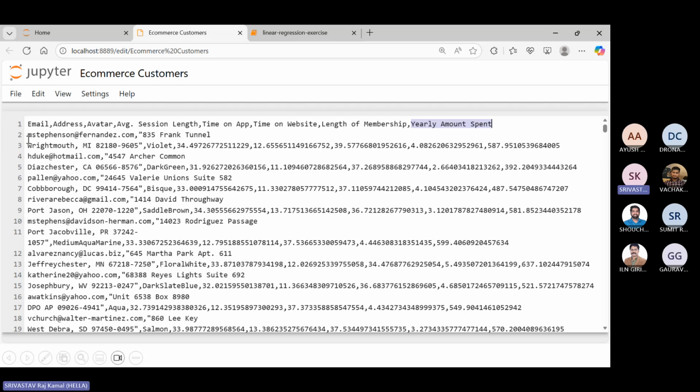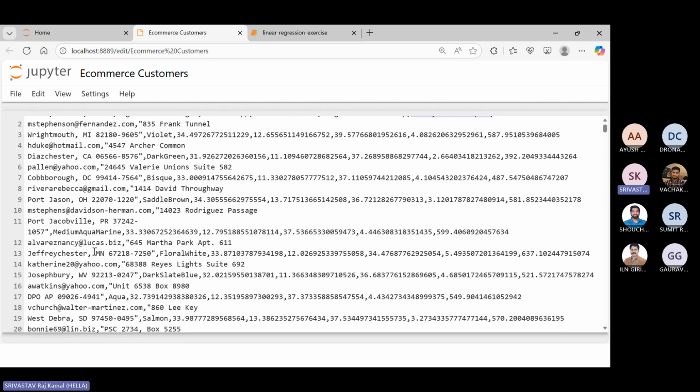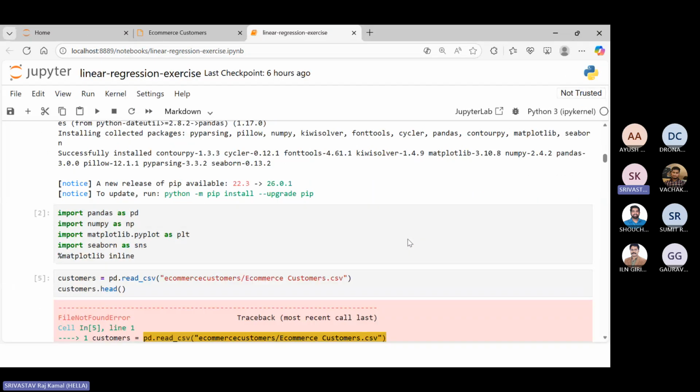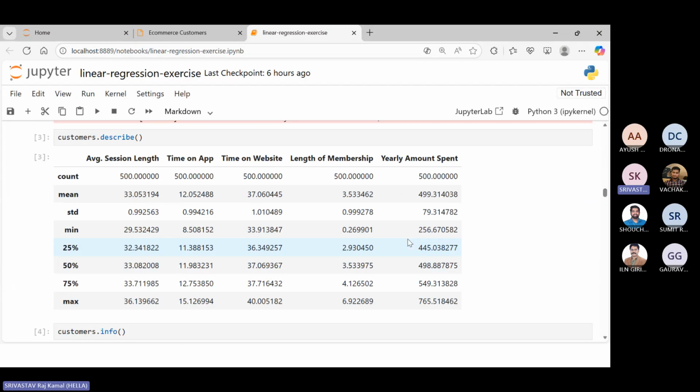Every row, we will read it in a CSV, then we will do the experiment, right? So this is how we're going to start working on that, and then you will see how we work on machine learning. We will download some libraries, read the data, and evaluate it.